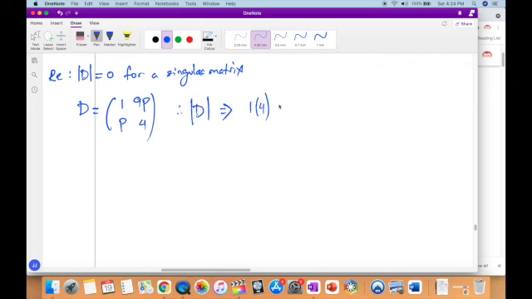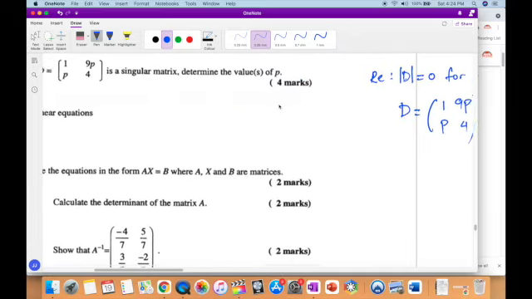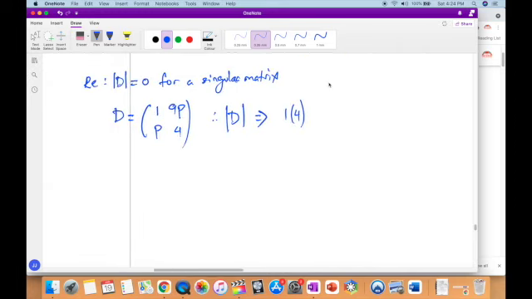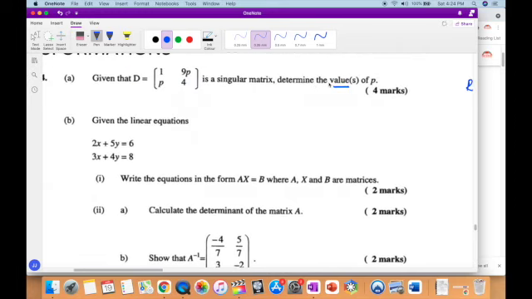And you notice something? Real cheeky. They say value, but with an S. So that implies maybe P might have more than one answer. So you have to look out for all of these little things, that little S there.